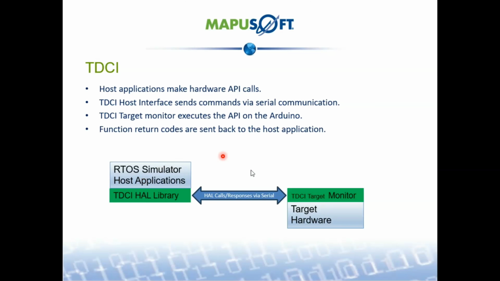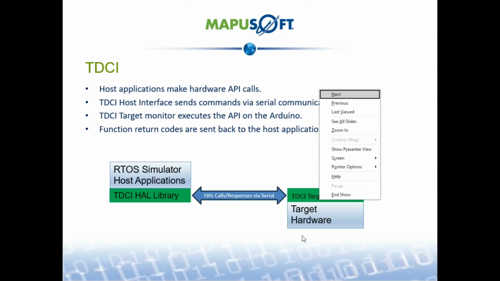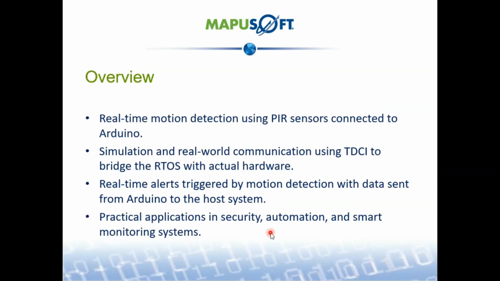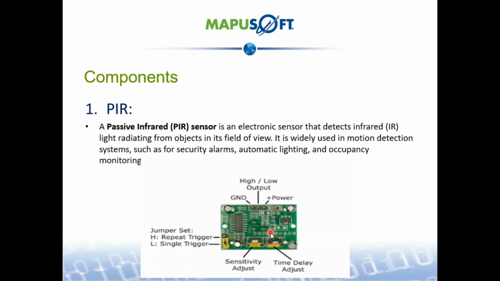So, using TDCA, developers can create a testing environment to simulate different motion detection scenarios. For example, when the PIR sensor detects motion, TDCA sends a command to rotate the servo motor, opening the door in real time. TDCA lets developers monitor and adjust the system as it runs.